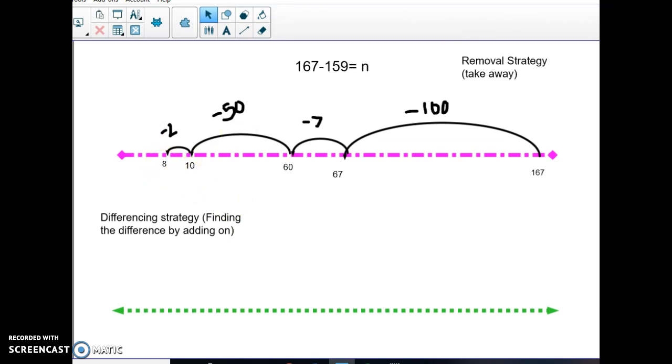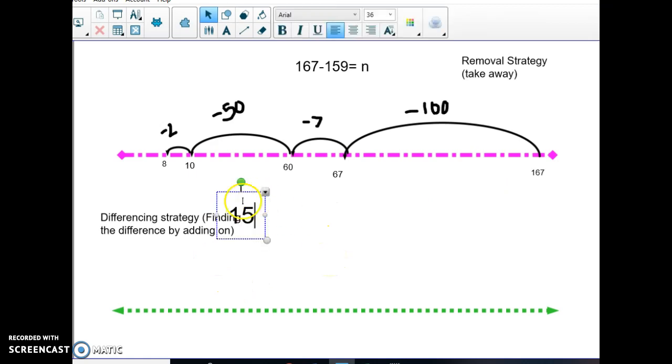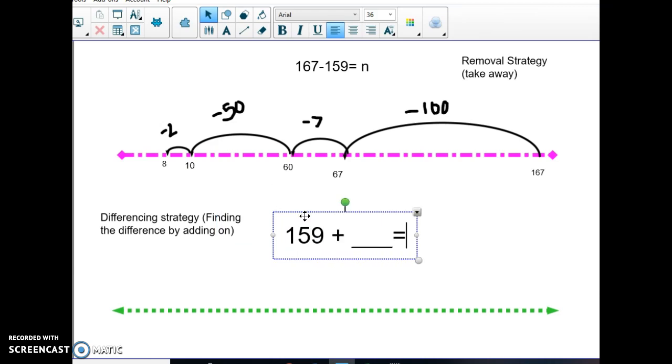Now, I'm going to try the same problem, but with the differencing strategy, with adding on. And if I'm adding on, then it would make sense for me to start at this part of the number line. So in other words, it's like I'm solving 159 plus blank equals 167, right?